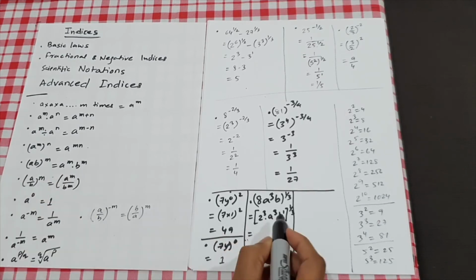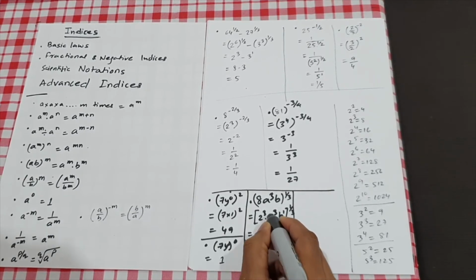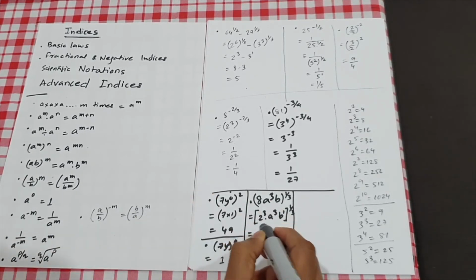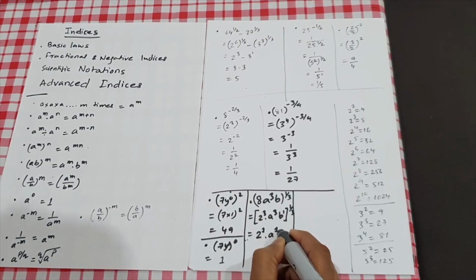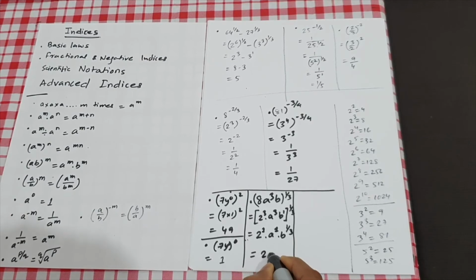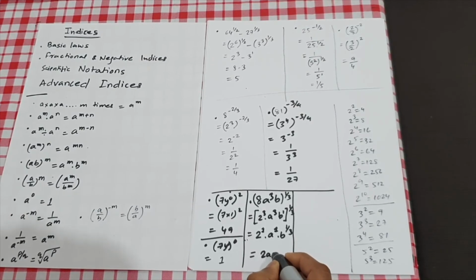Remember this rule? When we multiply 3 and 1/3, it becomes 1. So it is 2 to the power 1, again same process, 3 into 1/3 is 1, a to the power 1, and b to the power 1/3. So your answer is 2a and b to the 1/3. You can also write this as 2a cube root of b.